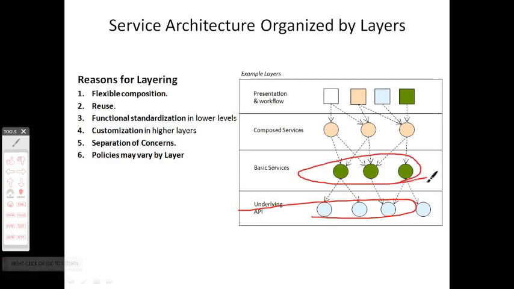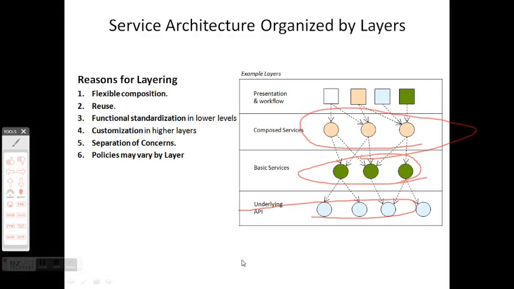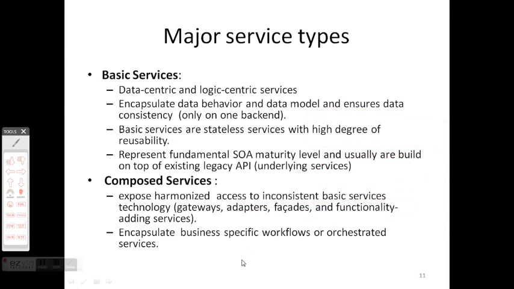It also provides customization in higher levels, and separation of concerns. Policy may vary by different types of layering in this organization. So you may have different policies in your infrastructure layer, or different policies in your basic services layers, and so on.